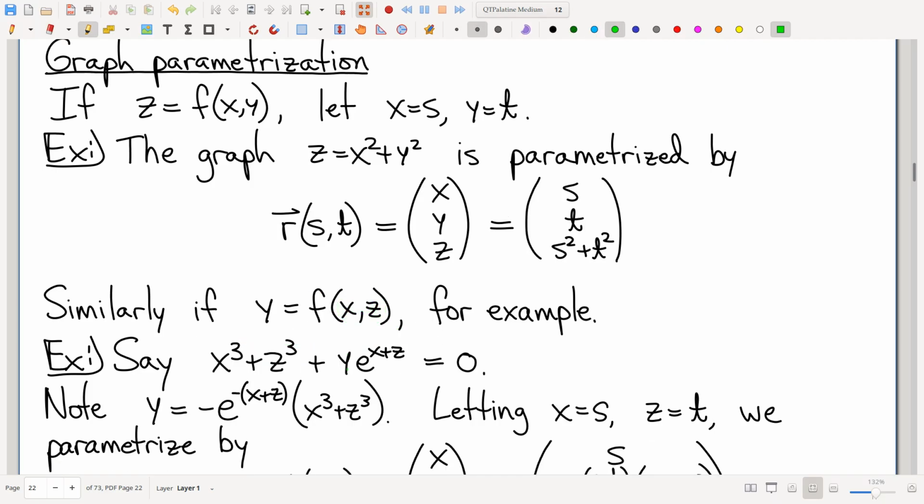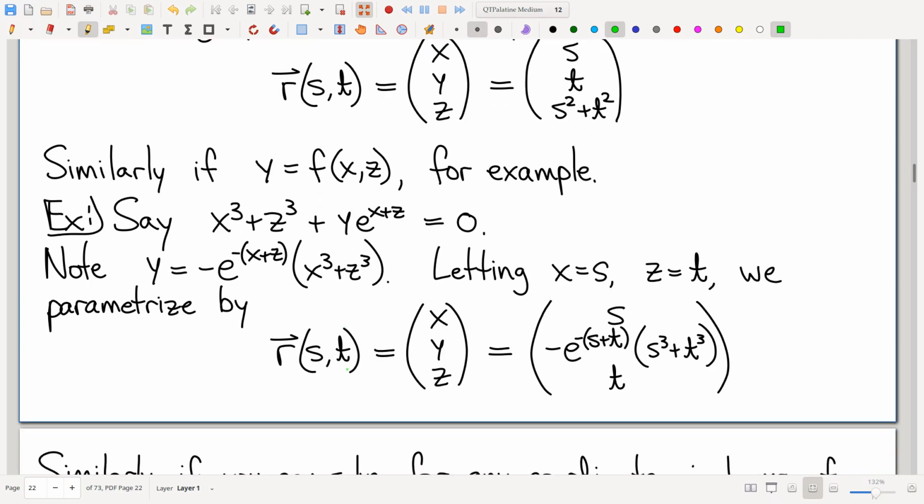Let's see those details. In this example, notice that the equation does not come written as a graph. Sometimes you have to do a little bit of legwork. Sometimes you actually have to solve for one of the variables actively. By the way, your first instinct might be to try to solve for z, because very often z is a function of x and y, but you can't.